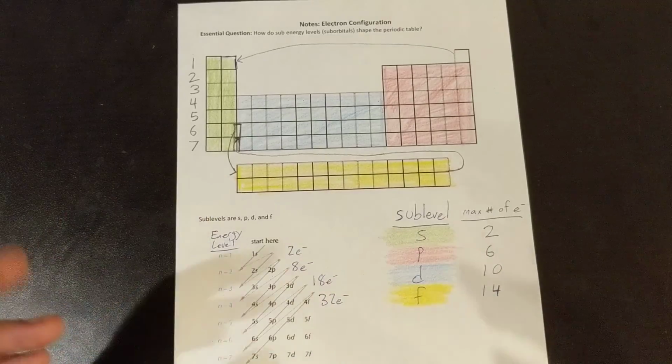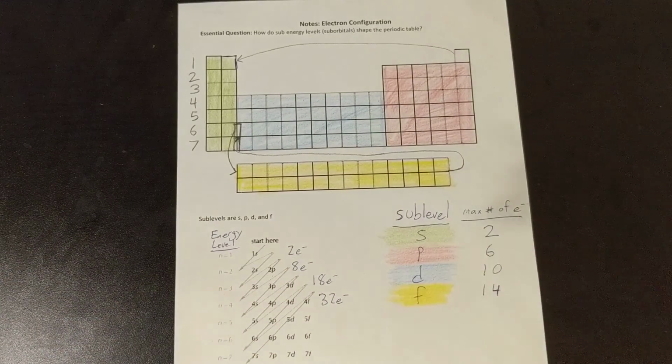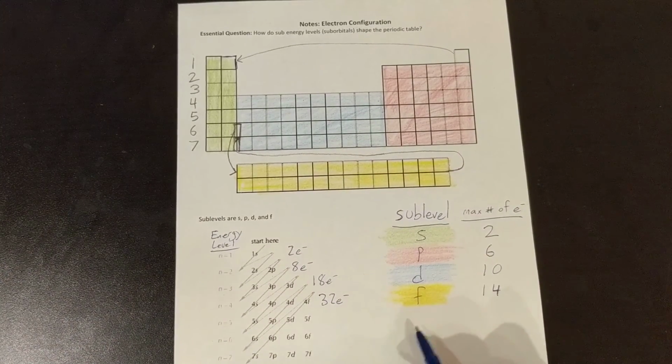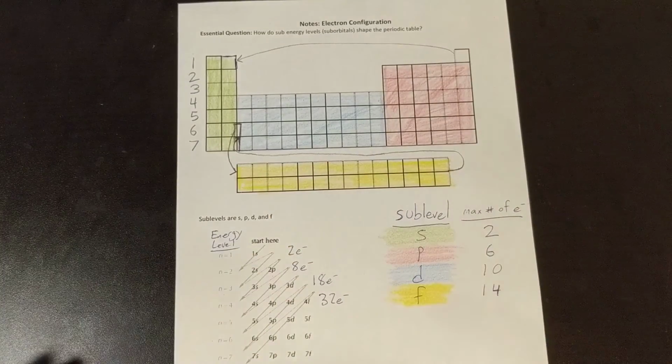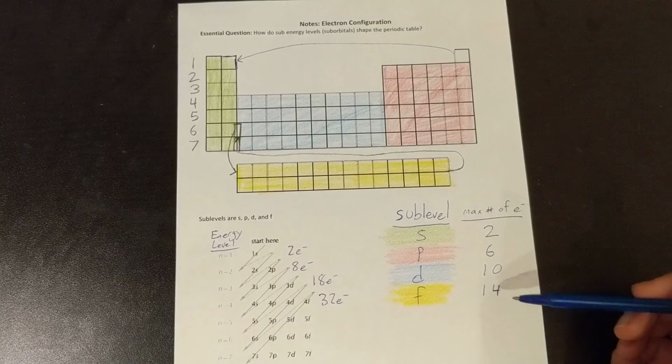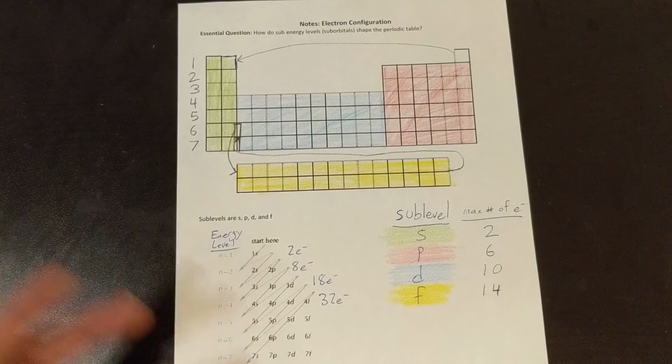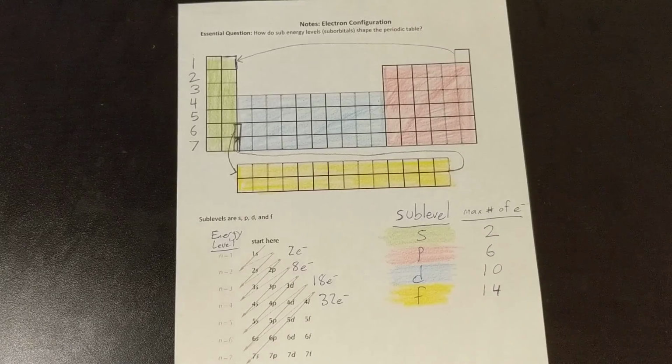That's where that number comes from. Theoretically, if there was a G sublevel, if we had enough elements to put electrons into a G sublevel, we would assume that it would have a maximum of 18 electrons that could fit there. But that's all theoretical, so we don't gotta worry about that.